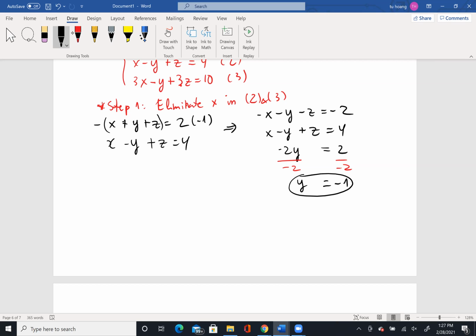I'm also going to eliminate x in equation number 3. So I use x plus y plus z equal to 2 and 3x plus or minus y plus 3z equal to 10.